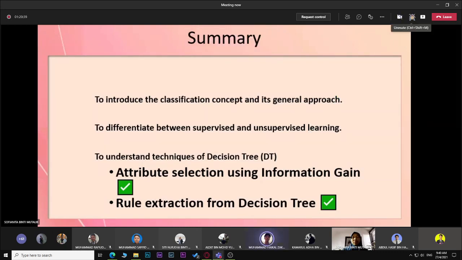Ada satu question ada. Ya, boleh. Kenapa tadi yang marital status tu split jadi 2? Maksudnya single dengan divorce tu dia jadi 1 kan? Sebab yang itu kita assume kita buat binary tree tadi. Oh, so by default dia memang jadi 3 lah.